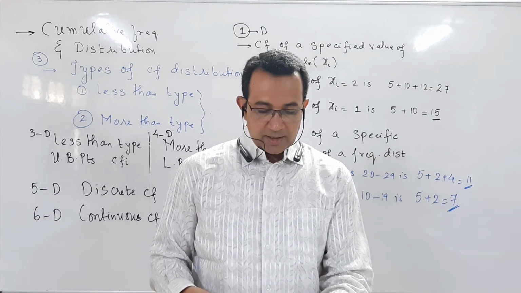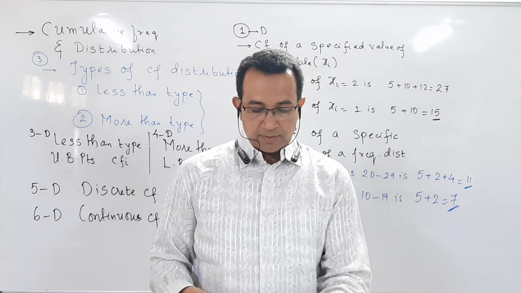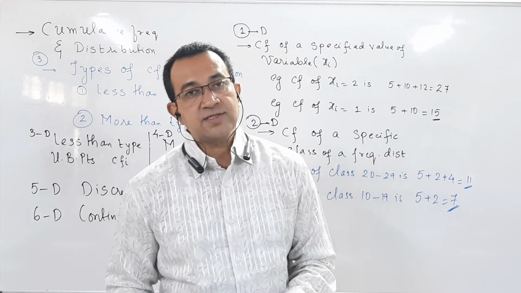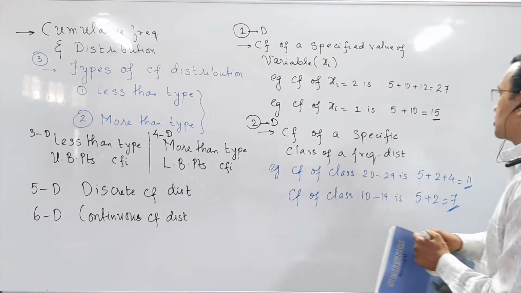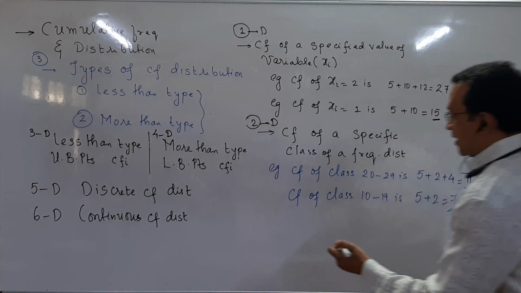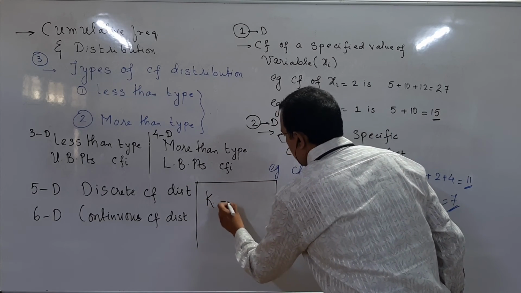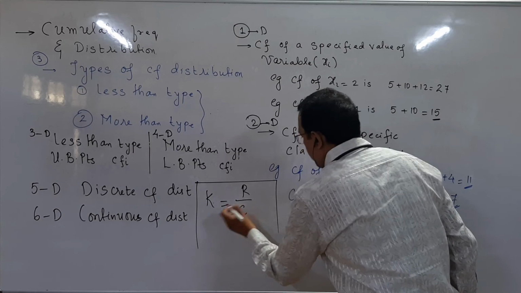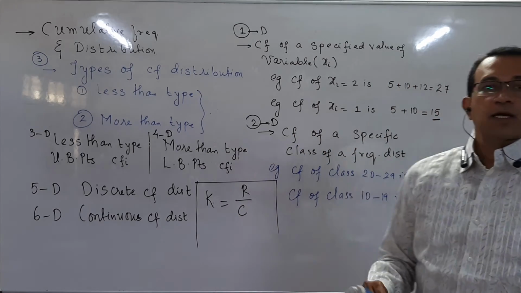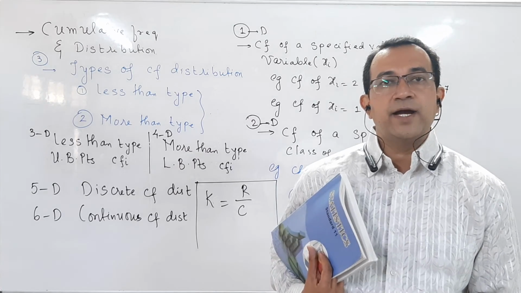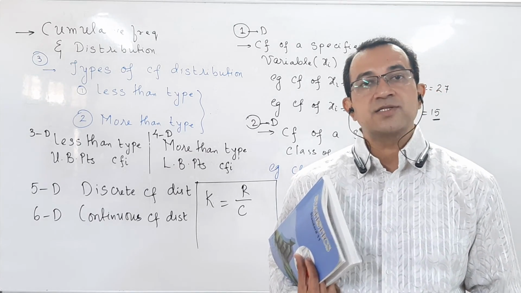Then 6. State the method to determine number of classes on the basis of range of the data. Class length. Number of classes, pay attention. I am writing here. Number of classes K is always range divided by class length.